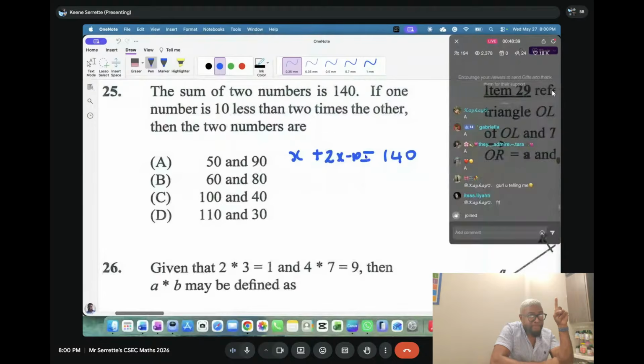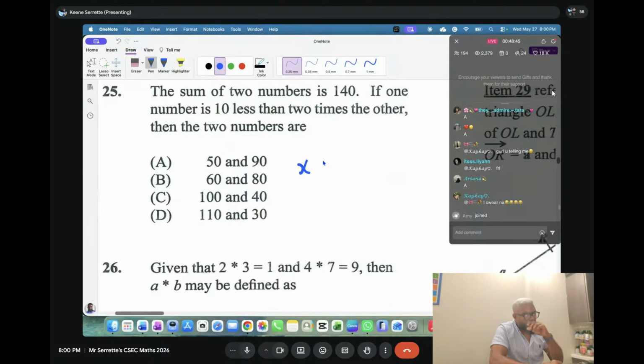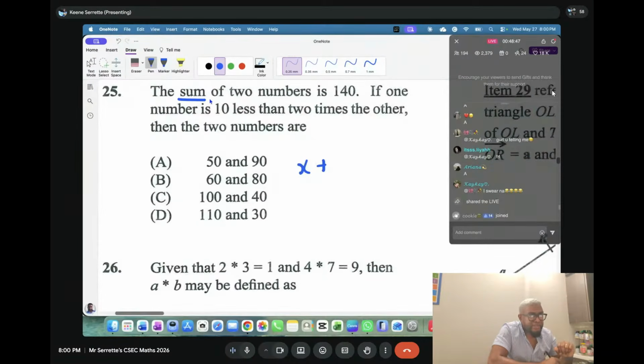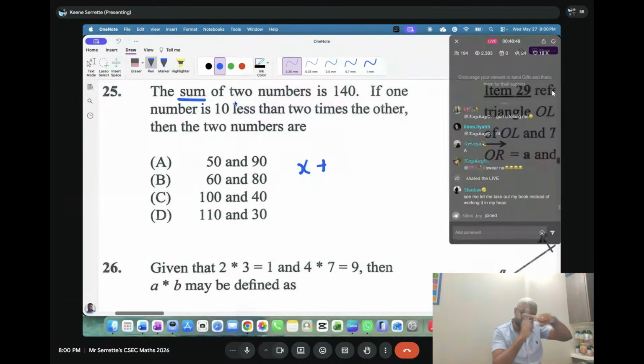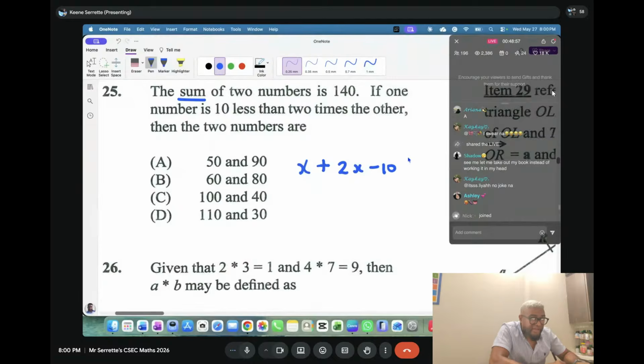Let me write it over again. X is the original number. What does sum mean to do? Add. So it's going to be x plus 10 less than 2 times the first number, which is equal to 140.